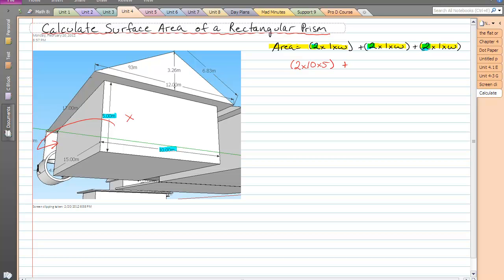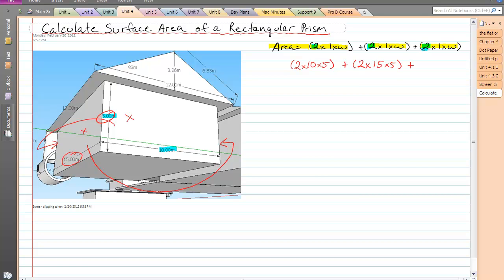And we're going to add that to this rectangle here. We have 15 and 5 here. So this is one rectangle, and way over on the other side, buried back there, is our second rectangle. So we have 2 times 15 times 5.